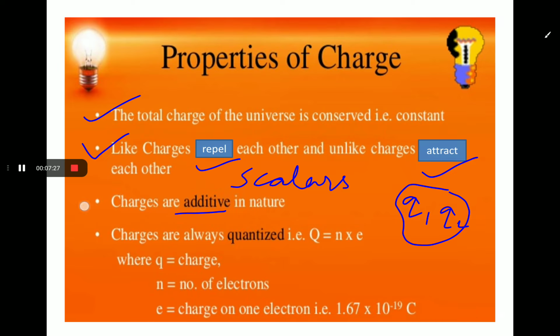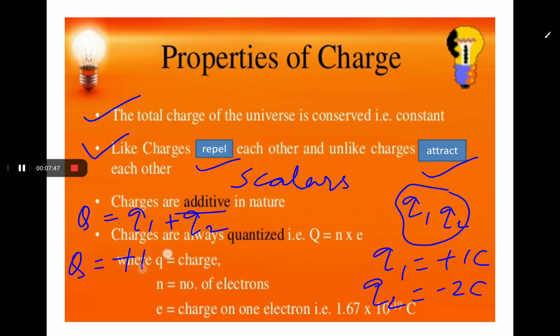Then the total charge of the system is equal to Q1 plus Q2. We will add them directly. If Q1 has the magnitude of plus 1 coulomb and Q2 has the magnitude of minus 2 coulomb, then the total charge of the system is Q equal to plus 1 coulomb plus minus 2 coulomb, that is plus 1 coulomb minus 2 coulomb, which is equal to minus 1 coulomb. So we can say that charges add up directly.